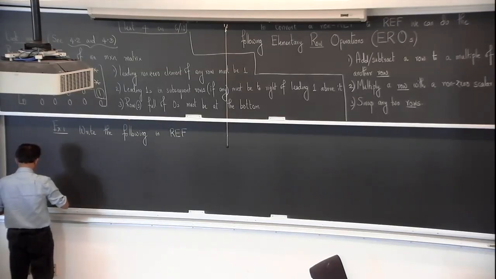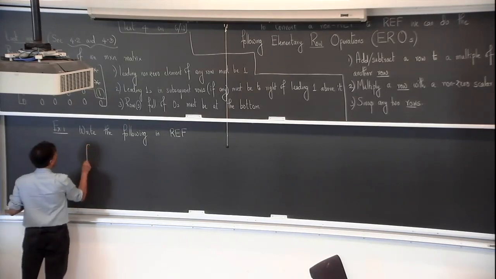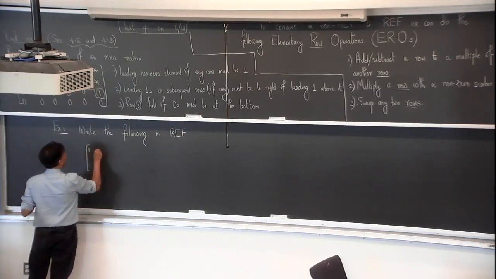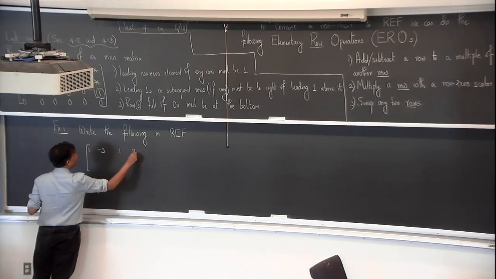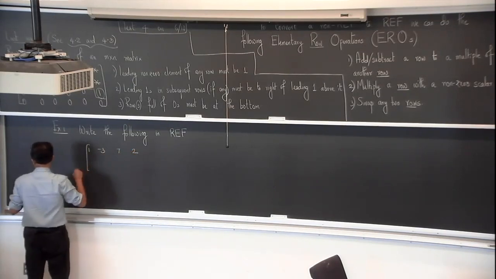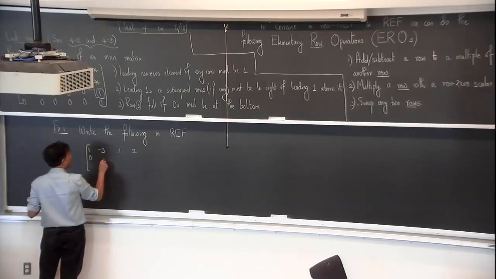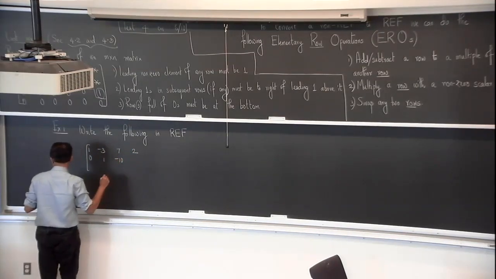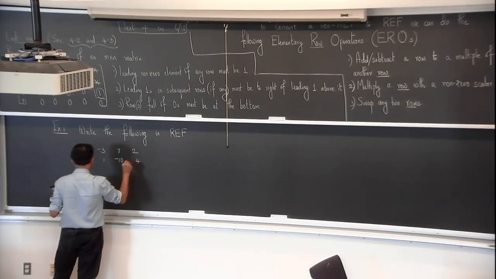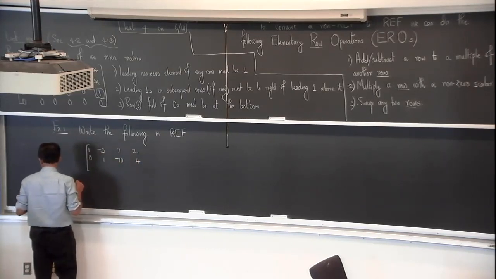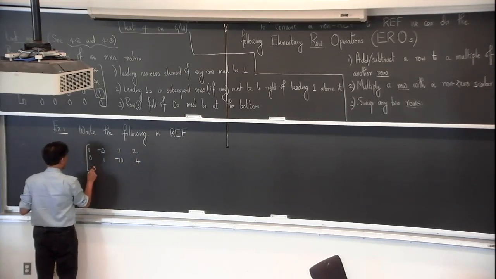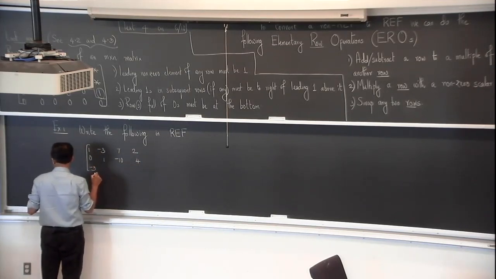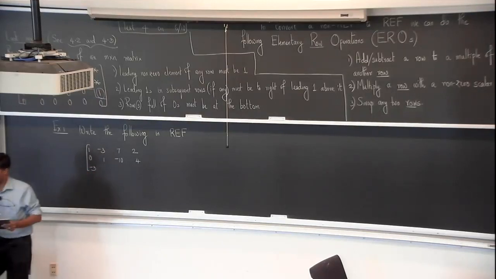So here is the first example. 1, -3, 7, 2. I'm reading it row wise. 0, 1, -10, 4. Sorry, I think I wrote the answer.